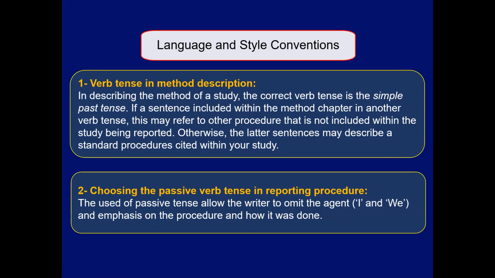They say, I found that blah blah blah, or we discovered that. This is not accepted as academic language when you write your methodology, and even sometimes in the discussion or results, where the emphasis is on the procedure and how it was done.